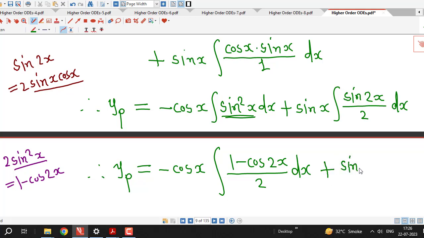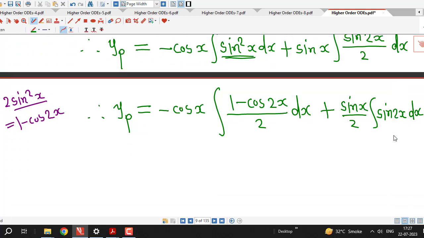And here first I am taking this 1 by 2 outside the integral, and I will integrate in the next step. This is easy to integrate, we have ready-made formula. Therefore yp equal to, here I can take minus 1 by 2 outside, and integral of 1 minus cos 2x.